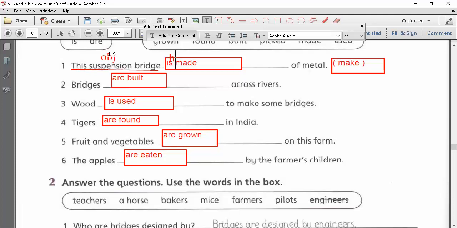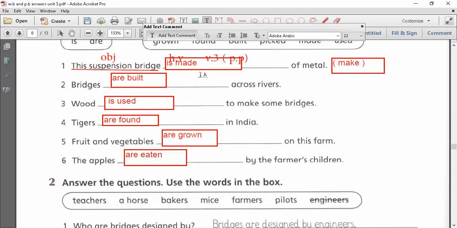Helping verb: is for singular and are for plural in the present tense. Made is verb 3, which is called the past participle.